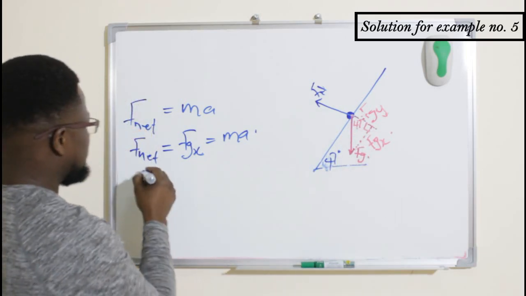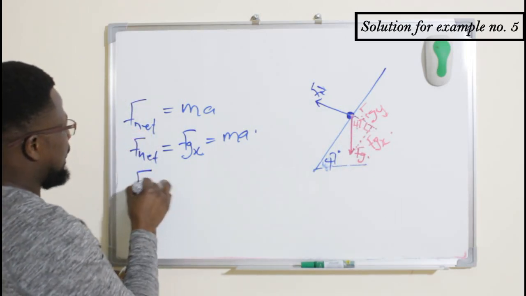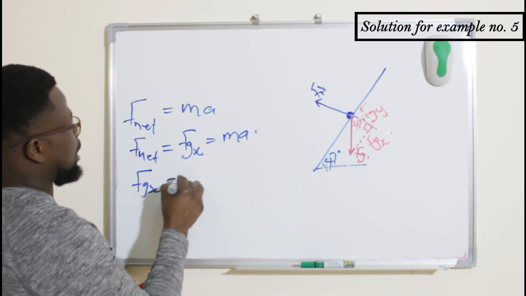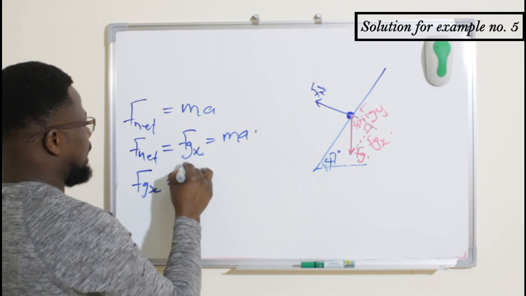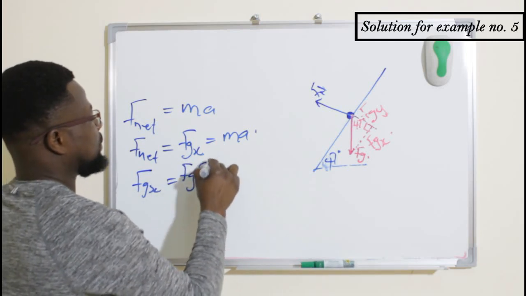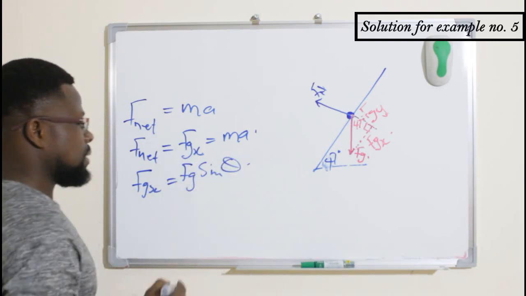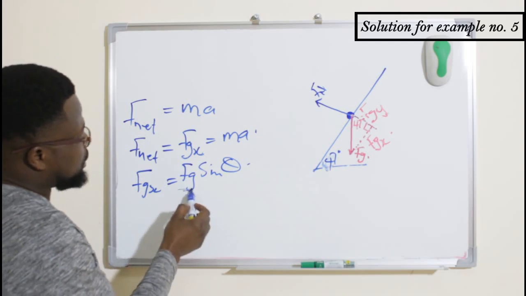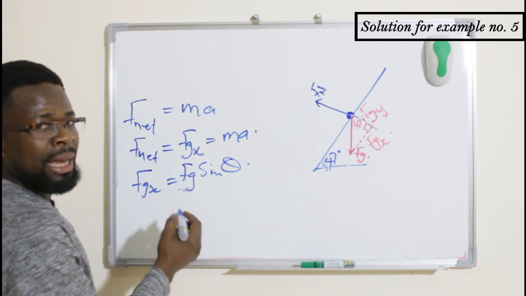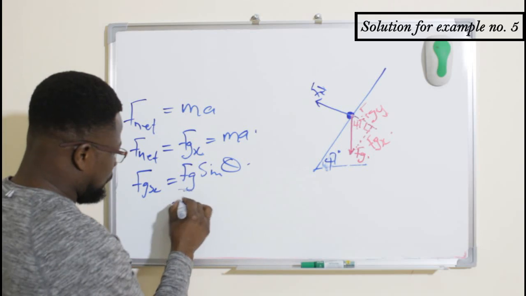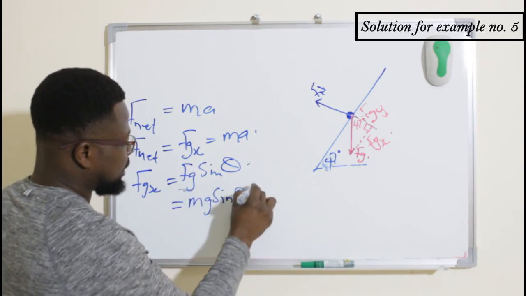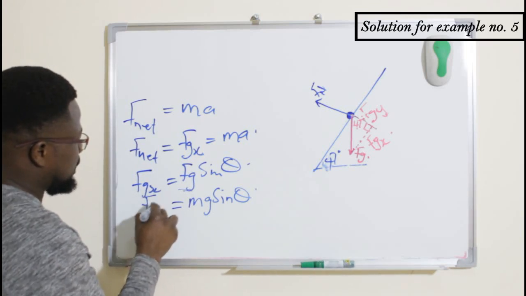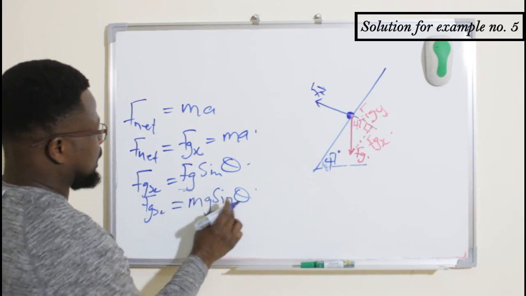So F_gx is going to be F_g sine theta. And what is F_g? We know F_g is mg. So this becomes mg sine theta.